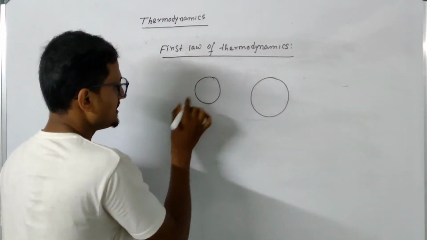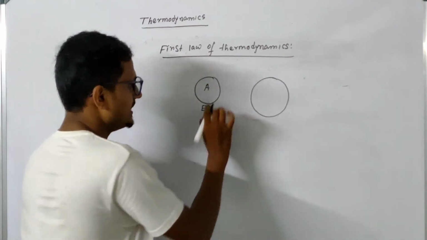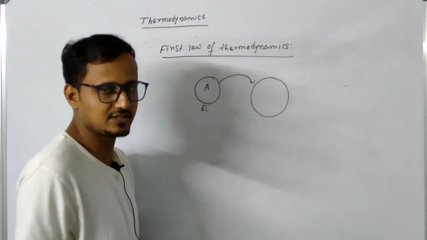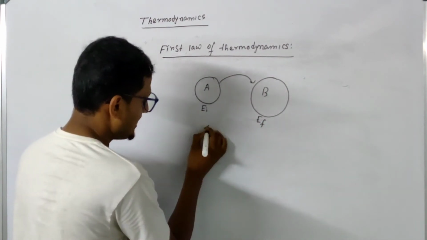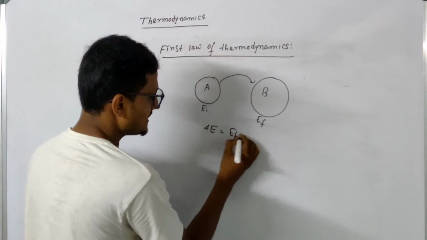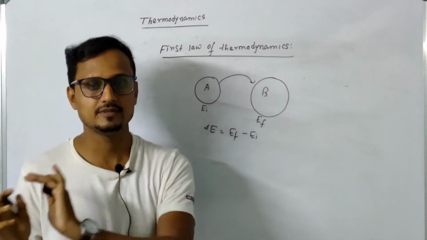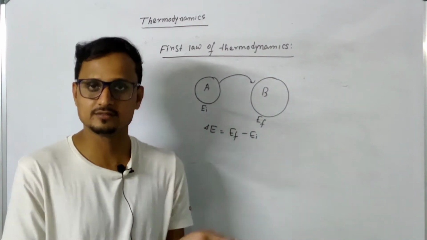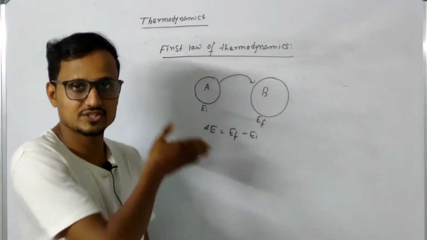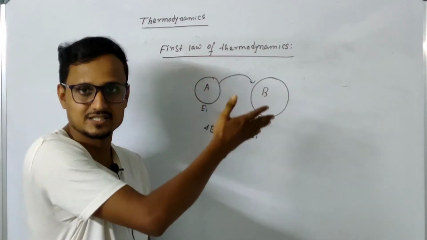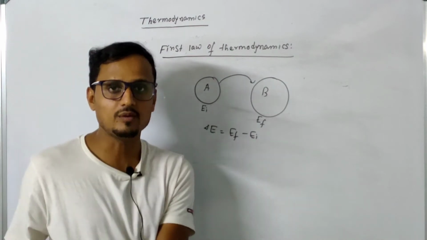If the internal energy of the system in state A is EI, that means initially EI, and it goes to another state B where the internal energy is EF, then the change of internal energy is EF minus EI, that is delta E. Now this change can be made by two ways: by doing work on the system or work done by the system, or we can give heat to the system, or heat can be evolved from the system.